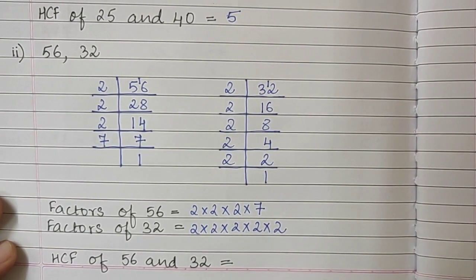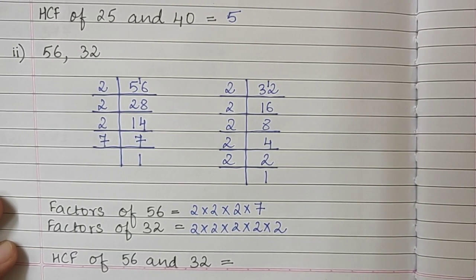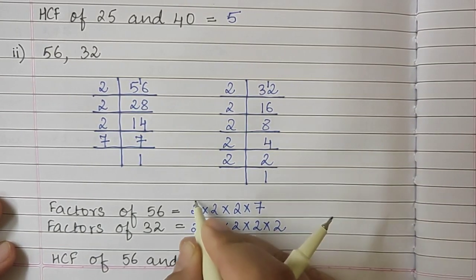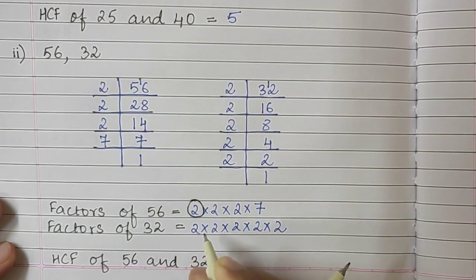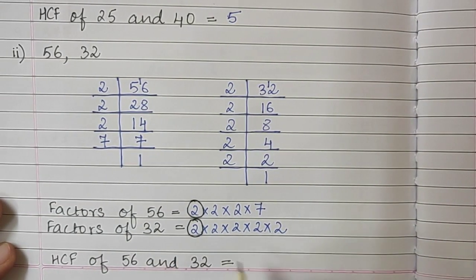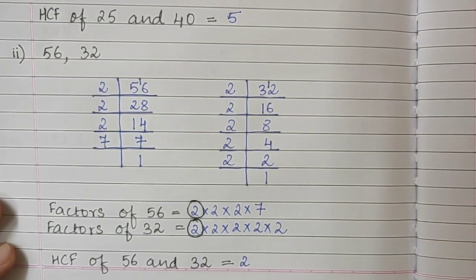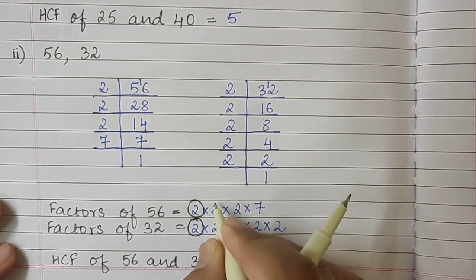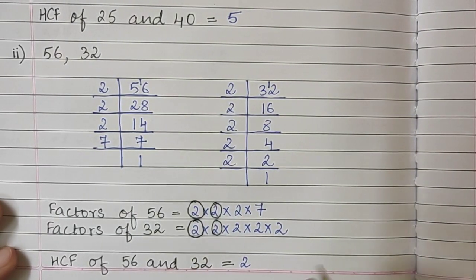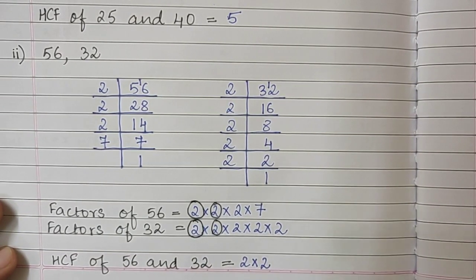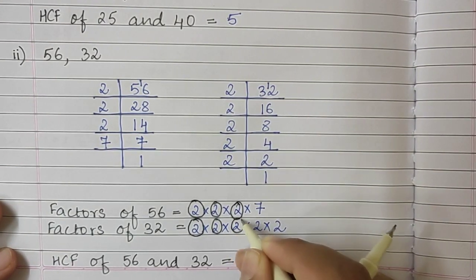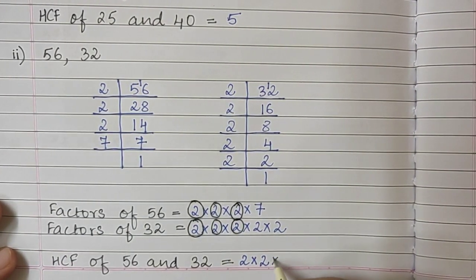I will circle what is common between them. 2 and 2 are common, so we'll write down only one. Another 2 is also common, so I'll circle this and this, and write another 2. One more 2 is common, so I'll write one more 2 down.